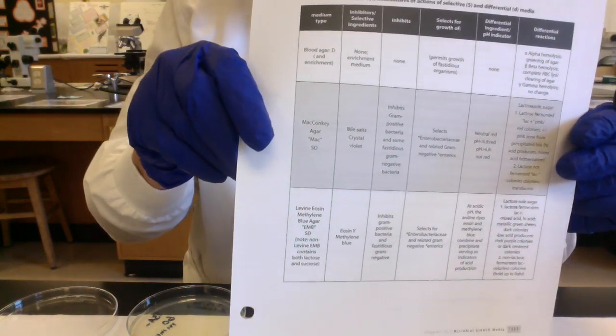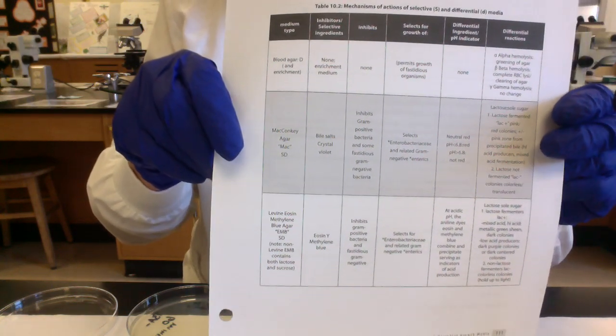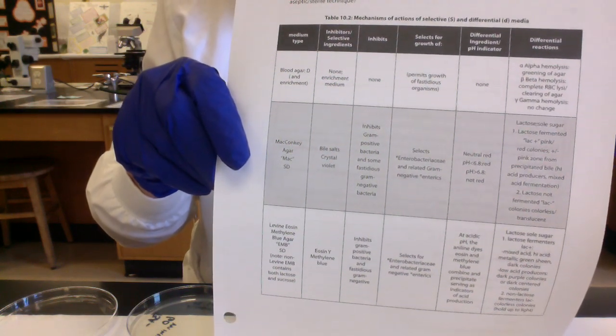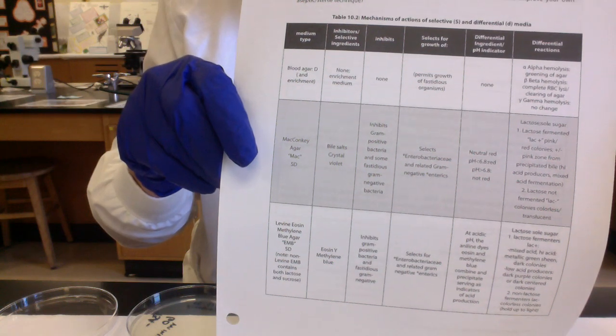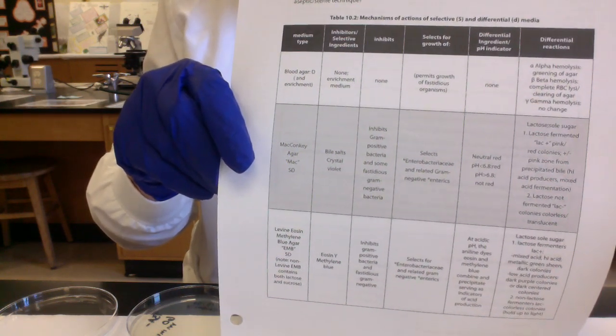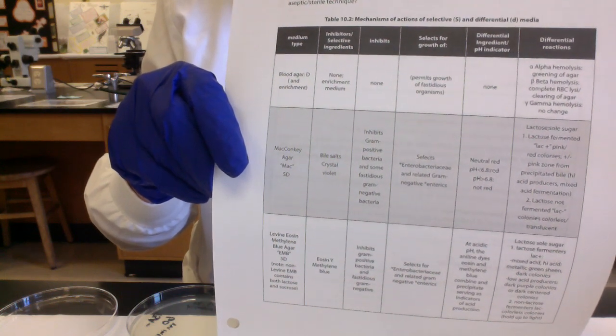Sorry, you can't see that very well. It describes if there's any inhibitors present, what will be inhibited, what will be selective. If it's differential media, it describes the basis of differentiating different groups of microbes. For example, is it hemolysis, or lactose fermentation, or maybe mannitol fermentation?